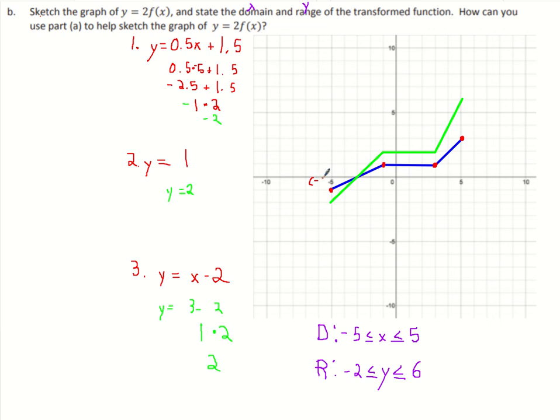Remember, we have -5, -1. We have -1, +1. We have 3, 1. And lastly, we have 5, 3.